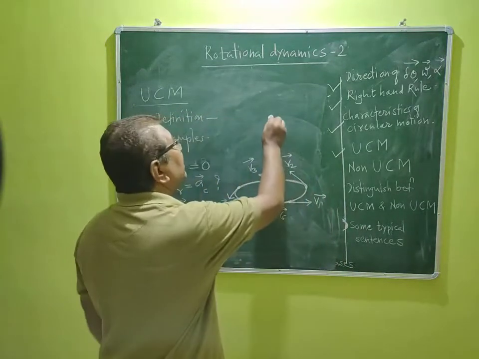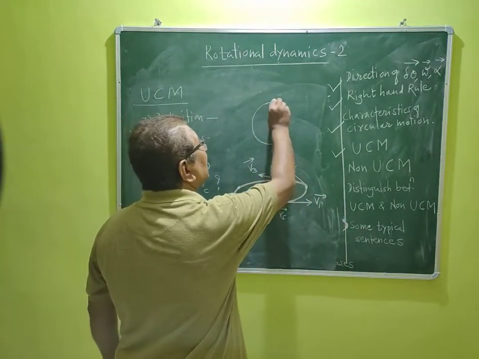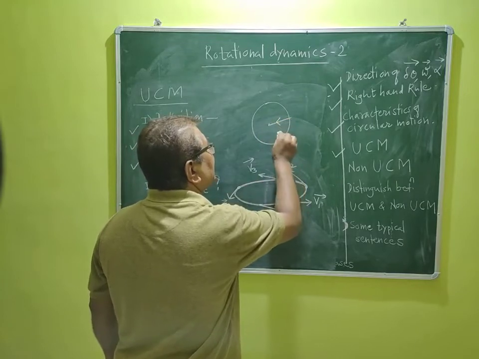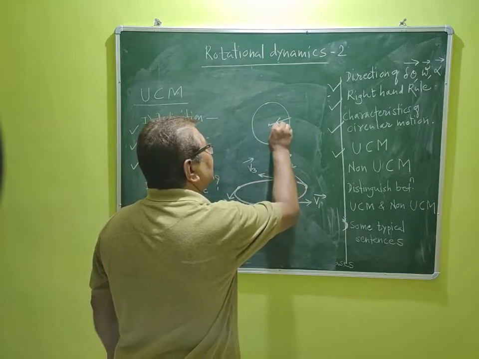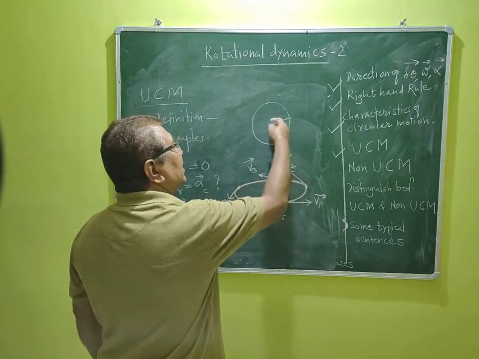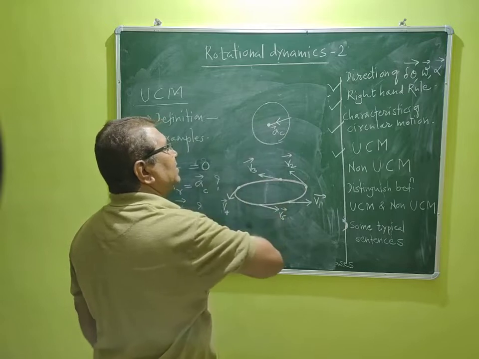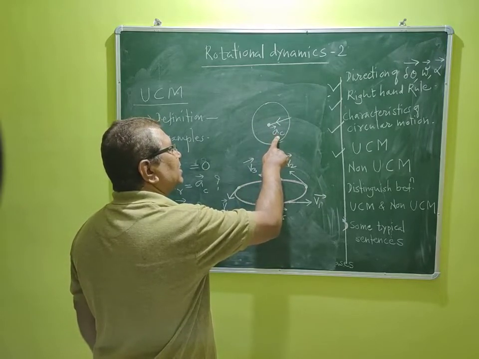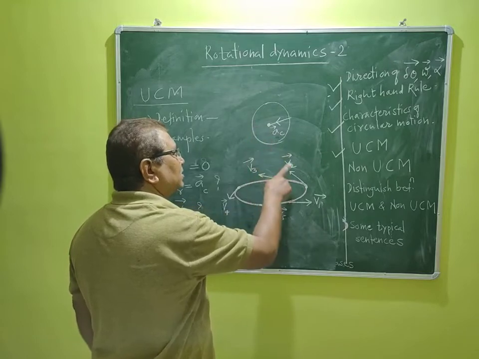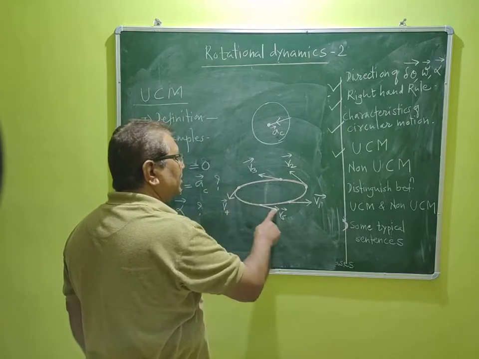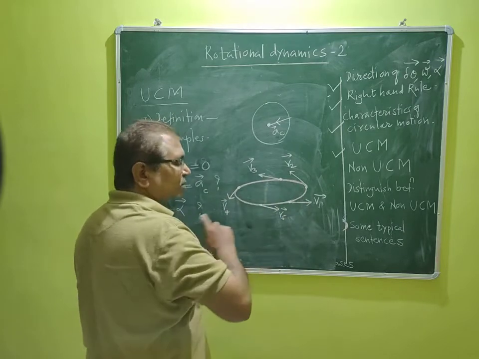That centripetal acceleration, dear guys, is denoted like this. This is our centripetal acceleration a_C, which is directed towards the center, and it is due to the change in directions of the linear velocities.